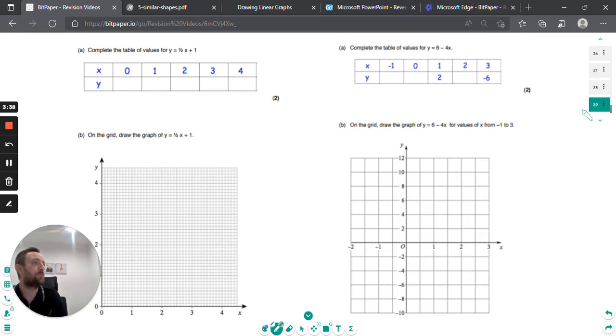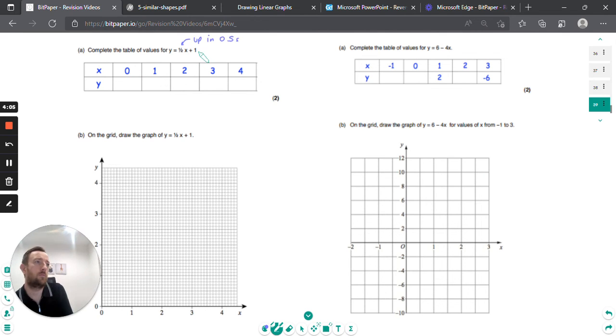Okay? Just a couple more. This one says complete the table of values for y equals half of x plus 1. So again, little clue. It says half x, so it must be going up in 0.5s or halves. So let's find a 0, 1. So half of 0, half of x is still 0.